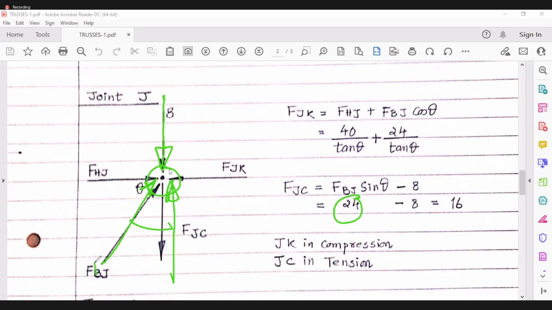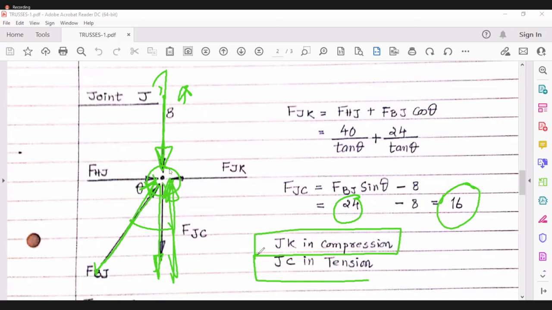Why? Because BJ is 24 by sin theta. 24 upward, 8 downward. So we have 16 upward. To take care of 16 upward, this has got to be 16 downward. Here it is. JK is in compression and JC is in tension.